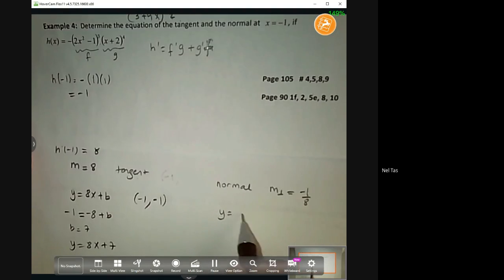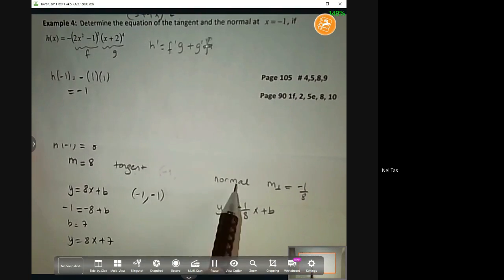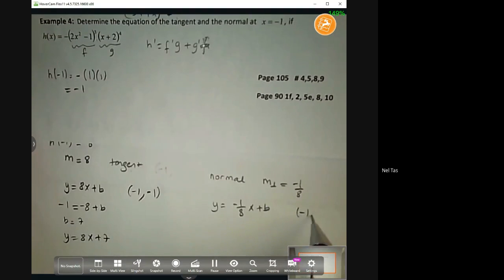So y equals -1/8 x plus b, and that normal and tangent pass through the same point of tangency, -1 and -1. Sub in here, 1/8 plus b, move it over, so -9/8. So y equals -1/8 x minus 9/8 is the equation of the normal.